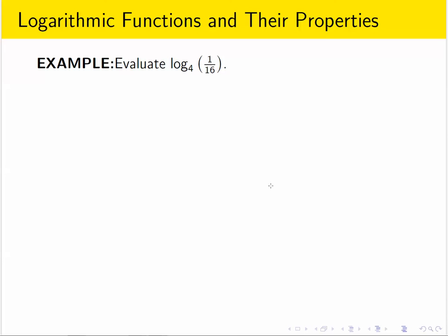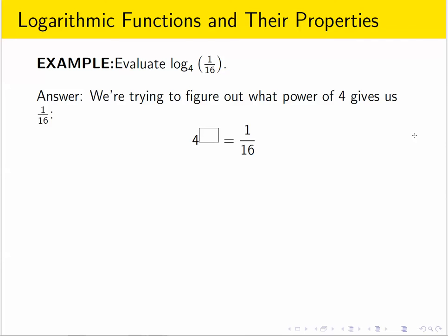Let's evaluate log base 4 of 1/16. Thinking of this as an exponential relationship, we're asking what power of 4 gives us 1/16. And let's say you try 4 squared. You try putting a 2 in this box. That doesn't work. It gives you 16, not 1/16. But we're close. We're on the right track.